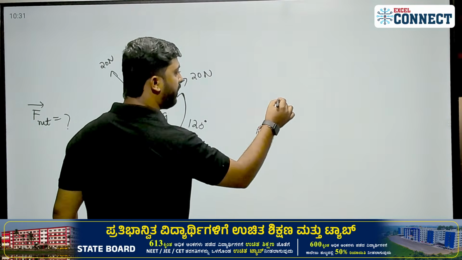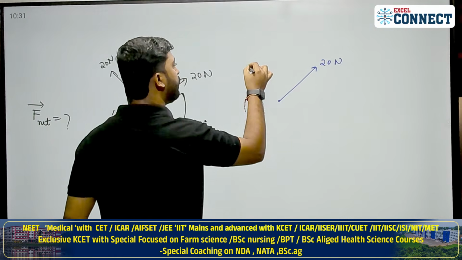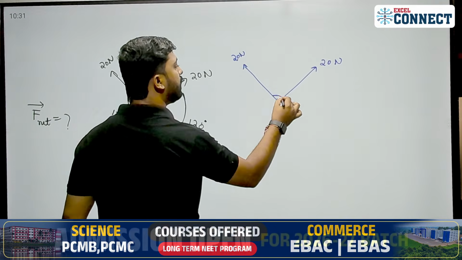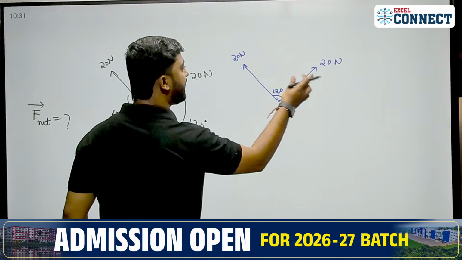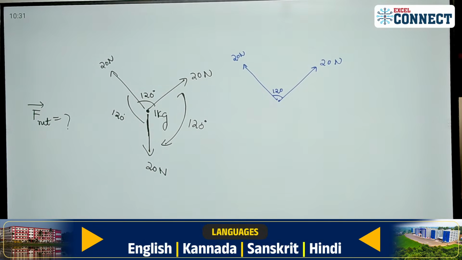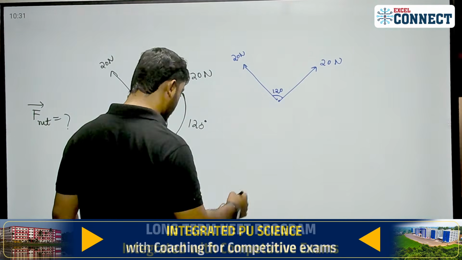Okay, we have an object here. There are two forces, 20 Newton and 20 Newton. What is the angle here? 120 degree. First, let us find the resultant of this. Okay, when you solve 20 Newton and 20 Newton, what is the net force? So what is the angle here? 120 degree.